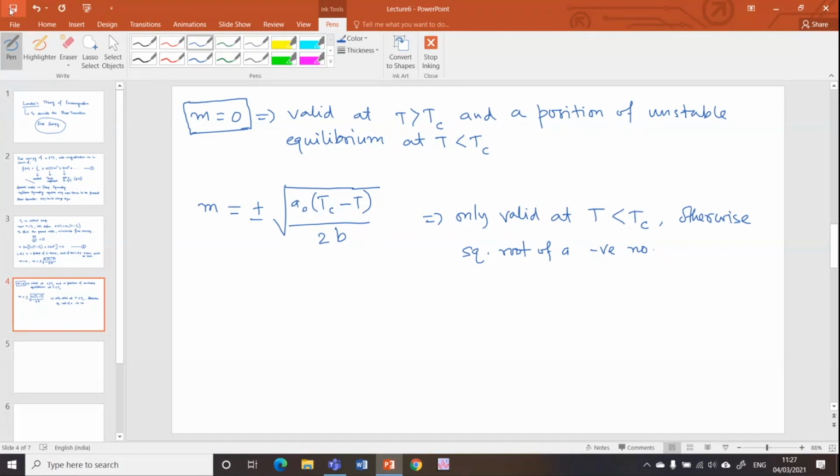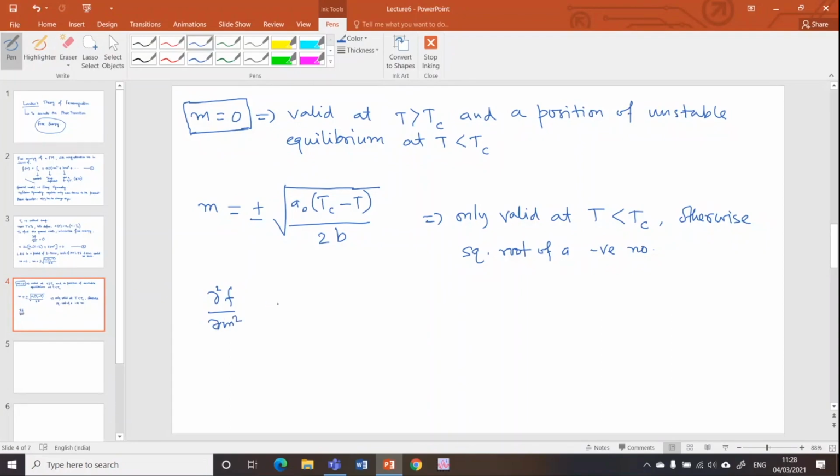So usually I think in your class 12 mathematics you have solved these extremum problems, right? Maximum or minimum you have found. You know that the first derivative will only give you solutions that could be positions of extremum, that means it could be either maxima or minima. But if you want to know whether it is a position of minima or maxima, then we also have to take the second derivative.